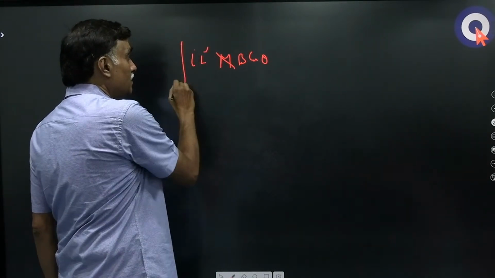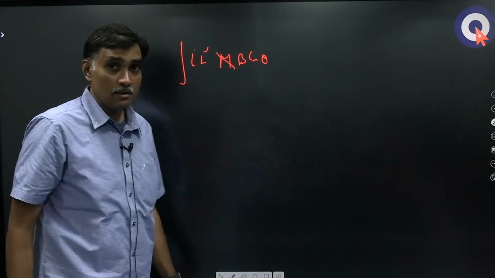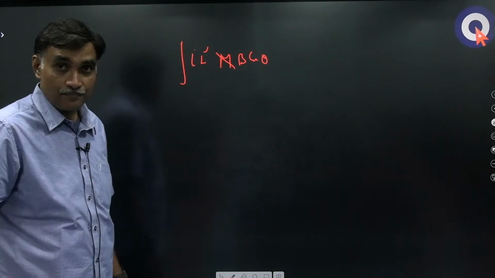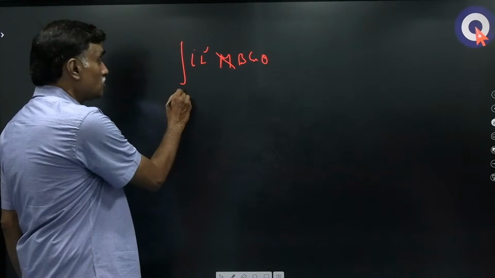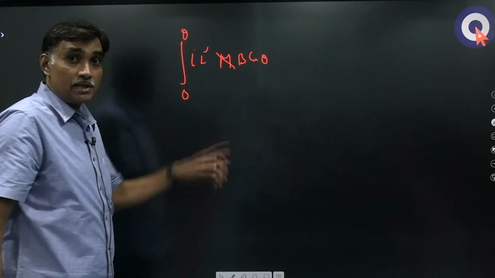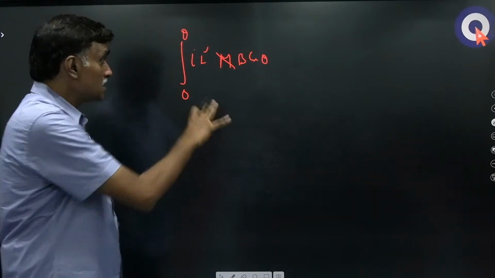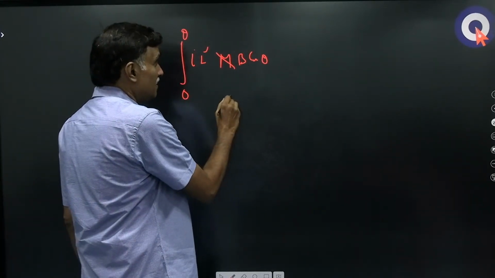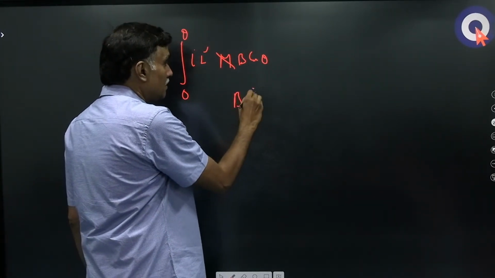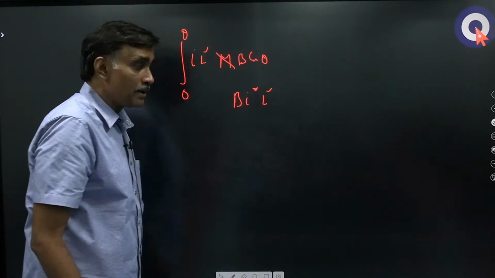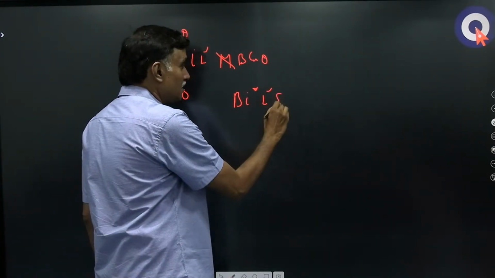This you have to integrate from, what is theta? Theta is the angle turned. Initially 0 degrees. So 0 to theta. This theta is whatever you have found out earlier, in the equilibrium position. So this is work done. How much is it? That is B I L square into cos theta. If I integrate, you will get sin theta.